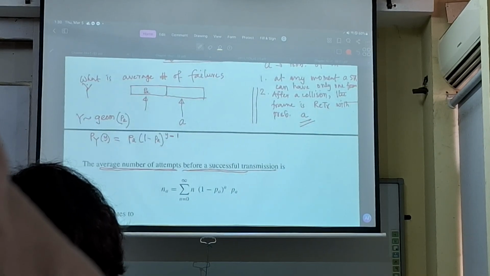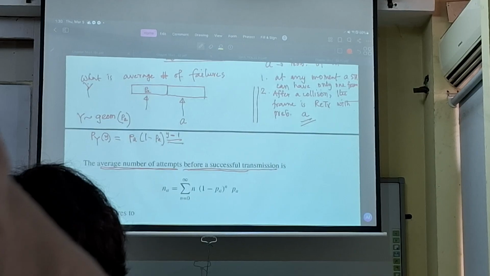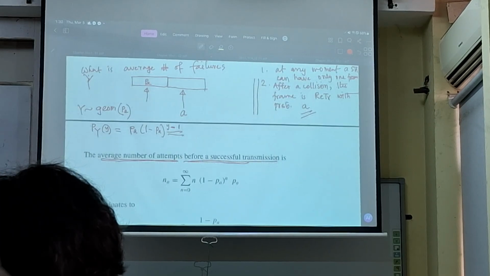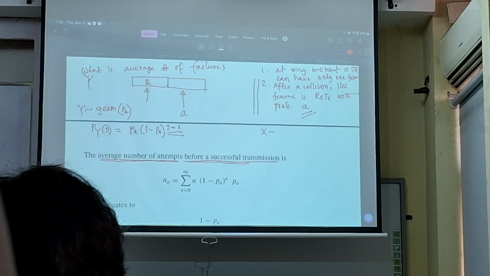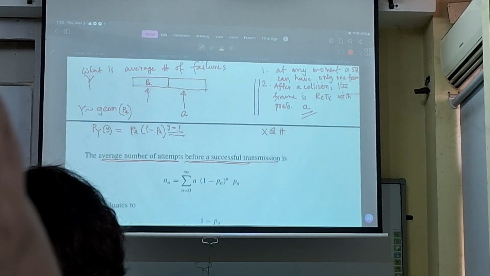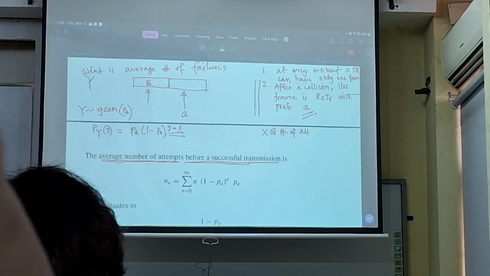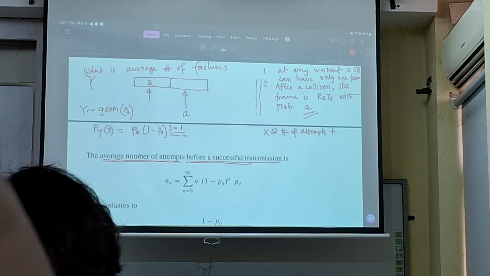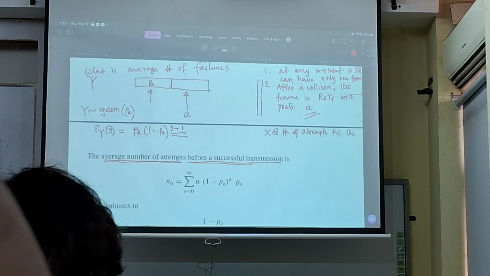Here is actually a problem. A conventional geometric random variable X represents the number of attempts till the first success.